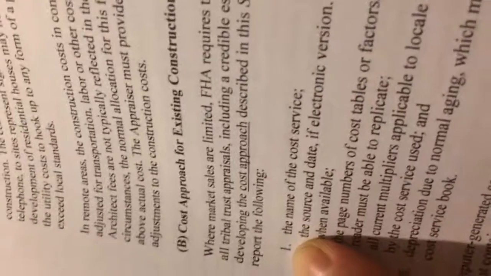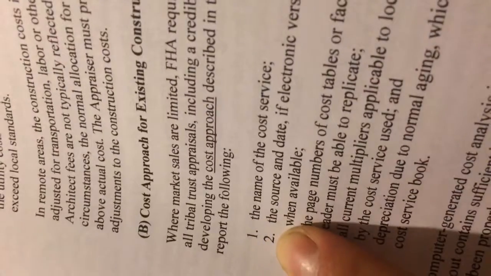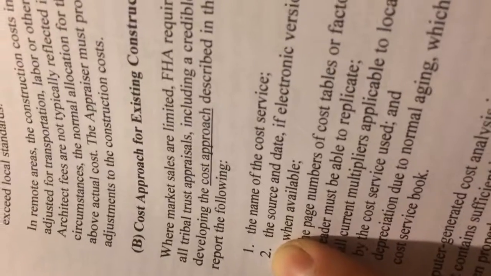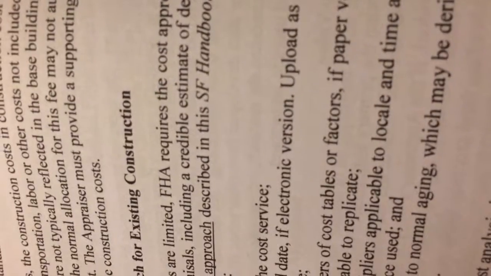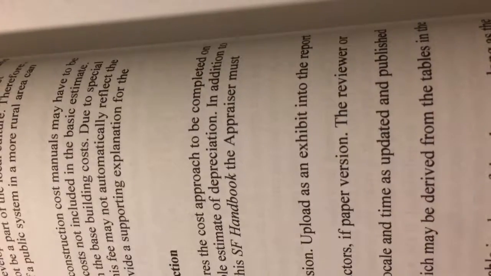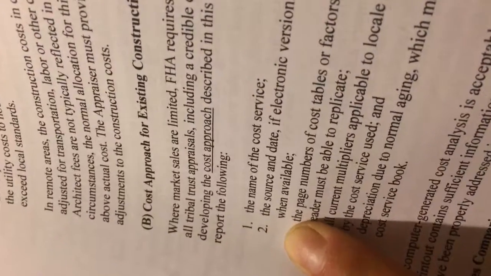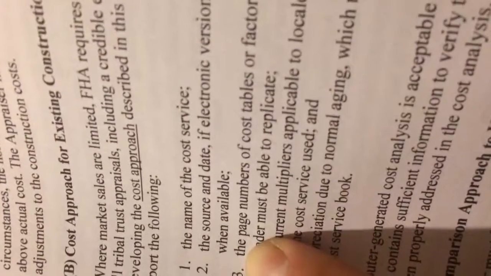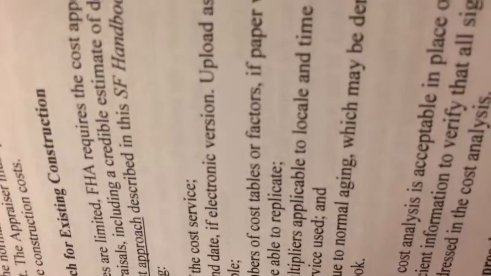1. The name of the cost service. 2. The source and date, if electronic version. Upload and exhibit into the report when available. 3. The page numbers of cost tables or factors.